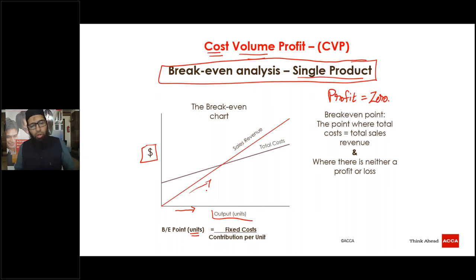Now, this is the total cost. The total cost line is pretty much similar to the semi-variable cost, because the total cost has both the elements, fixed and variable. So this is the point at which the total cost and total revenue are the same. That means there won't be any profit at that point. So this will be the break-even point.